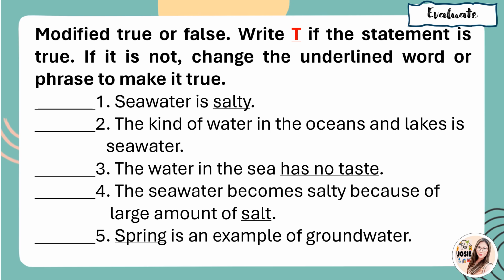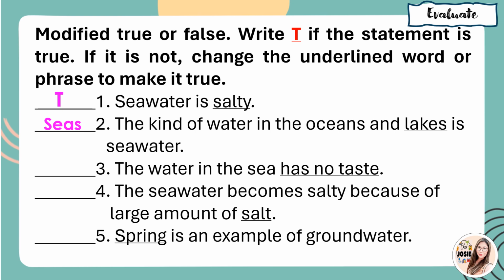Let's check your answers. For number 1, seawater is salty. The answer is T. The second one, the kind of water in the oceans and lakes is seawater. The answer is, of course, it is false. Number 3, the water in the sea has no taste.